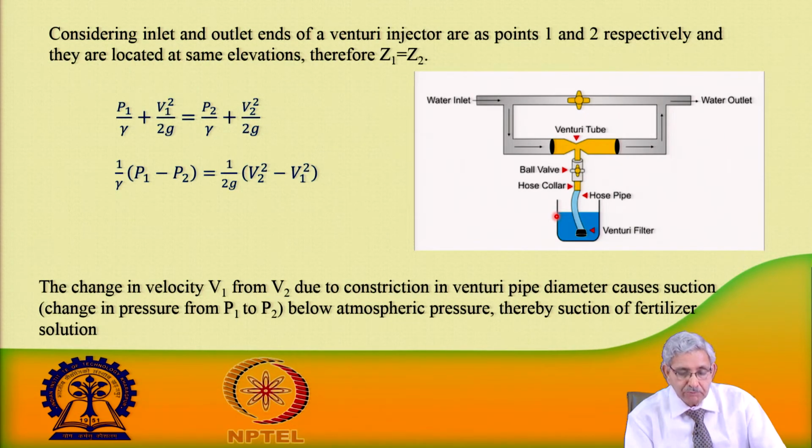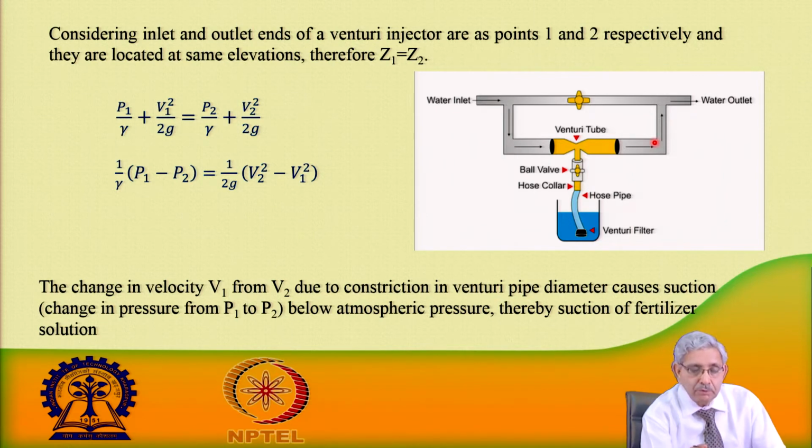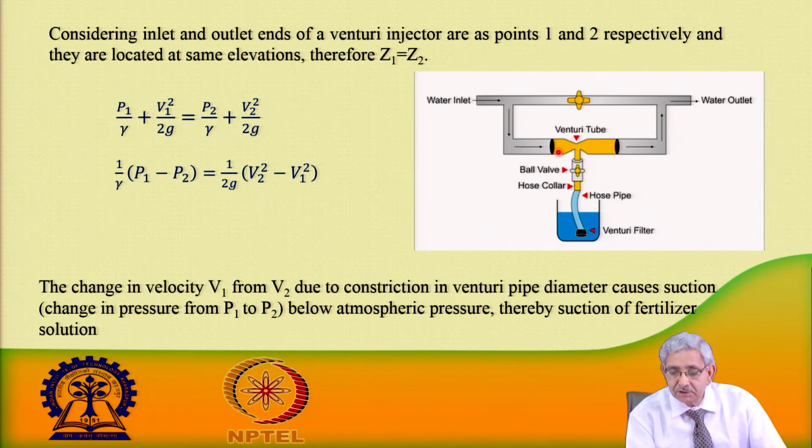Now, the concept of Bernoulli principle is explained here, considering an inlet. This is the inlet part, and this Venturi section is kept at the same elevation. Initially the equation was pressure head plus velocity head plus elevation head equal to a constant. Now we are taking two sections: one is the inlet section of the Venturi, and this is the throat section.